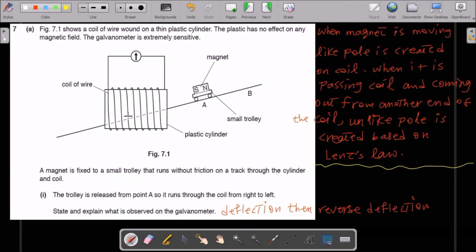That's why first of all you can see deflection, and then when the magnet is moving out from the coil, you can see reverse deflection. So you can write for this question: deflection, then reverse deflection. You can get your mark.